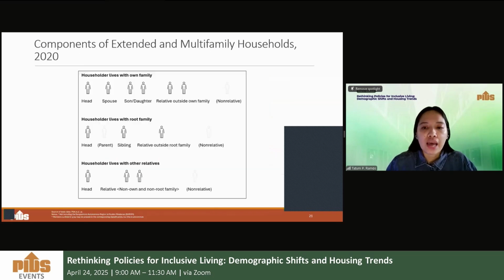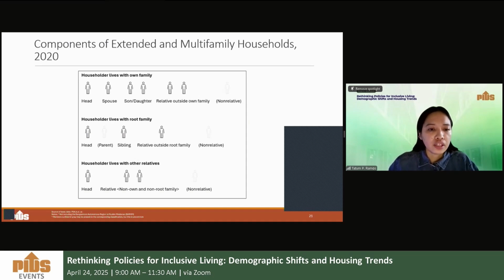And if we examine further the extended and multifamily household type, we can divide them into three classifications. The first one is wherein the household head lives with the own family. So the head is joined by a spouse, son or daughter, and a relative outside of the own family, and possibly a non-relative.